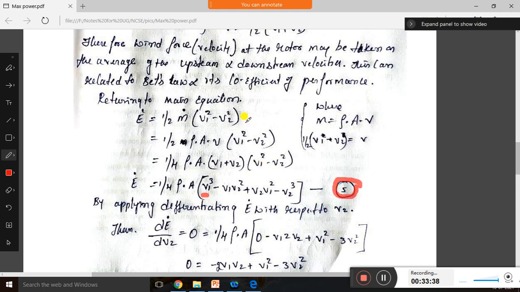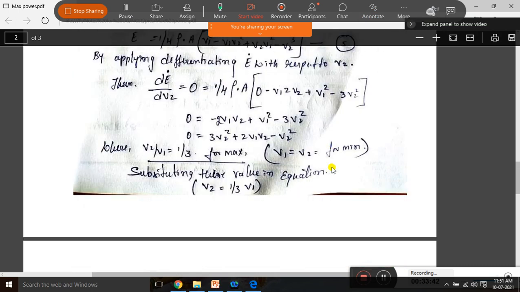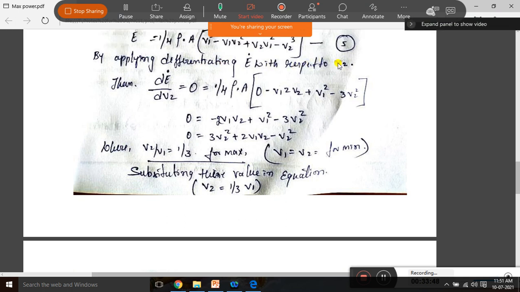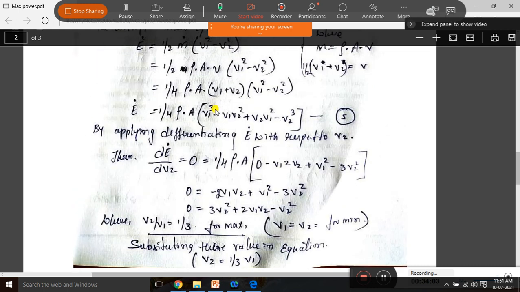So now applying differentiation, if you apply differentiation for the above equation, that is for the E equation, with respect to v2 only, meaning the outlet or exit velocity, that gives dE by dv2, that gives 0. Now the differentiation for this above equation, 1 by 4 rho A as it is.